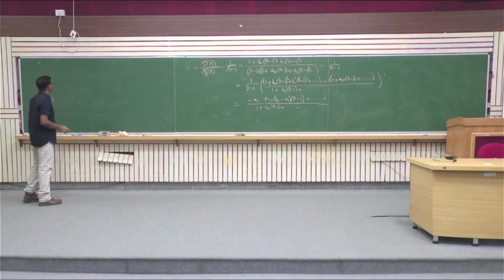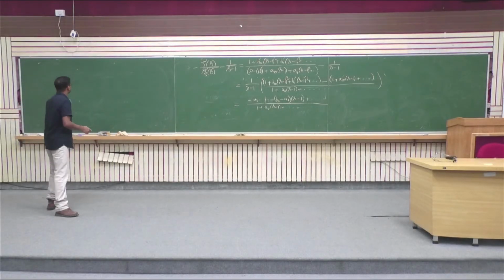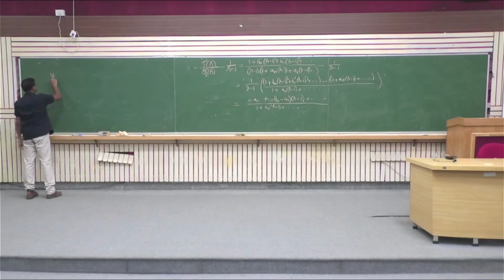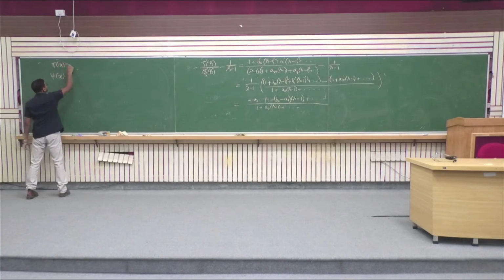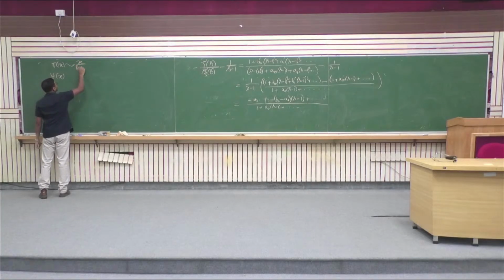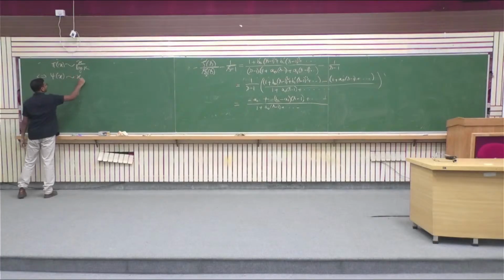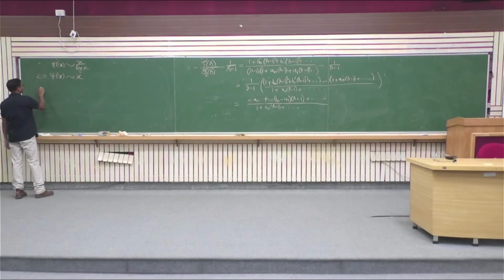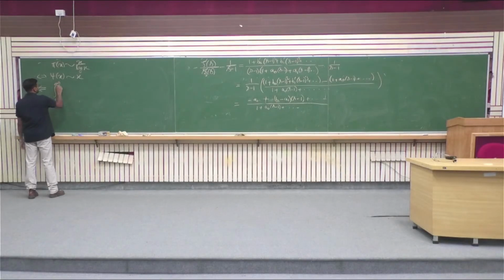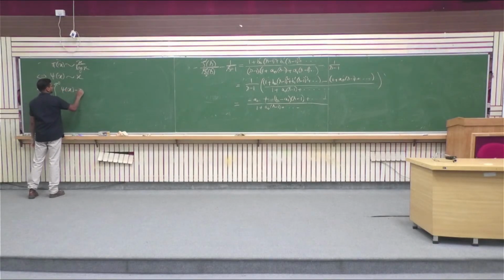Let's recall what we have done till now. Earlier we have shown that pi x is equivalent to xi x being asymptotic to x, and this is implied by the convergence of the integral from 1 to infinity of xi x minus x by x square dx.